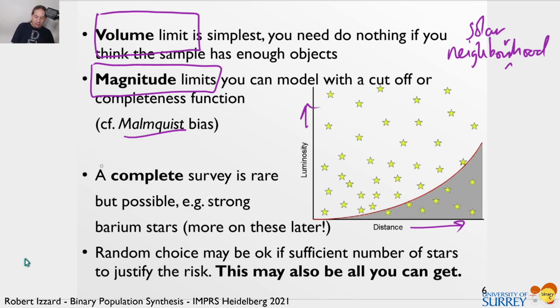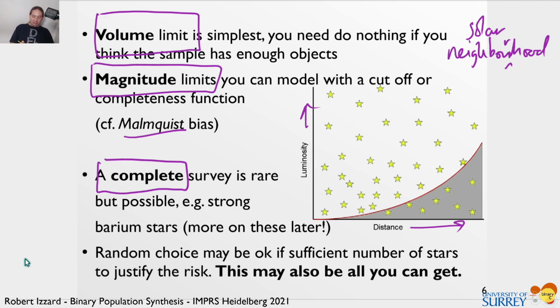Now, what would be called a complete survey is rare, but it is possible. For example, if you look at the barium type stars, the survey of those is essentially complete because all of the giants we see in the sky, it's very easy to spot whether they're barium rich by looking at their spectrum, even a low resolution spectrum. And all of those we now have pretty good spectroscopy on. So in some cases a survey can be complete.